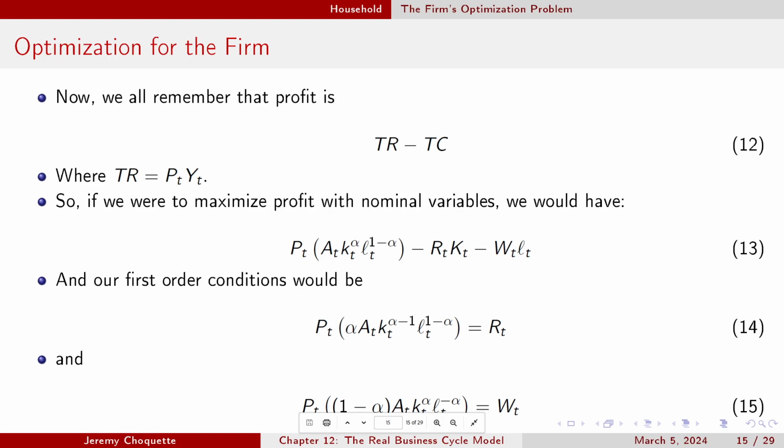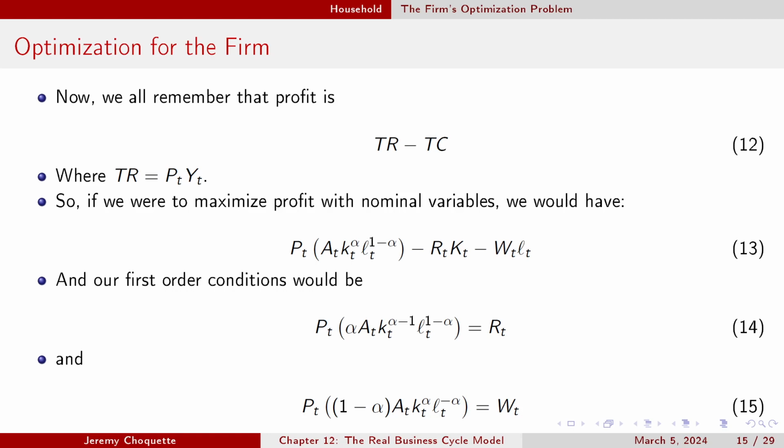Because if you remember, converting between nominal and real, what are we doing? We're adjusting for the change in price. We're adjusting for the price level. So if we're converting from a nominal to a real variable, we divide by the price level. If we've got something in period T and a price level in period T, we just divide that variable in period T by the price level.